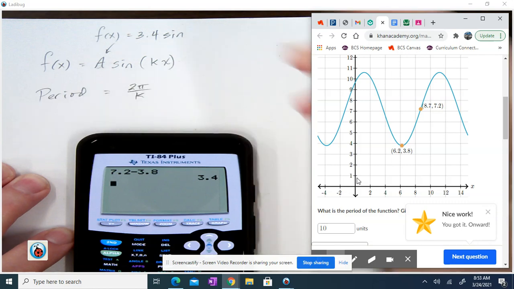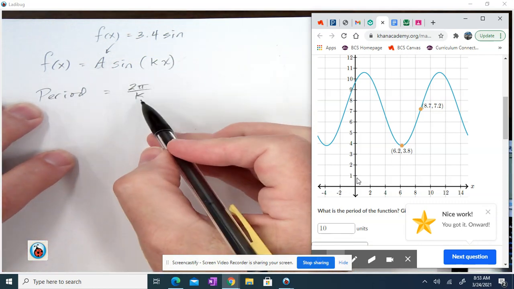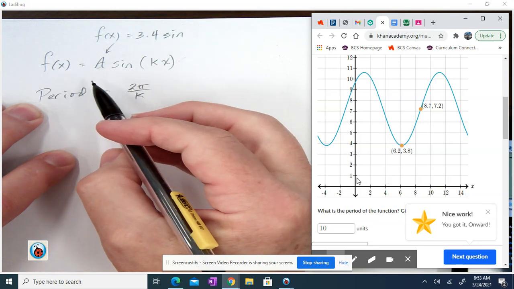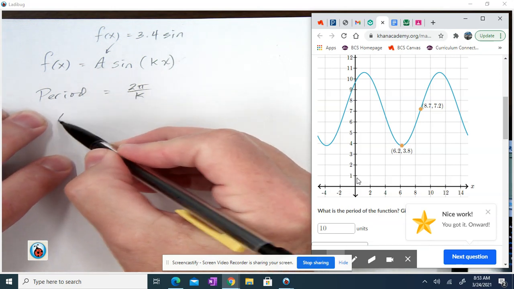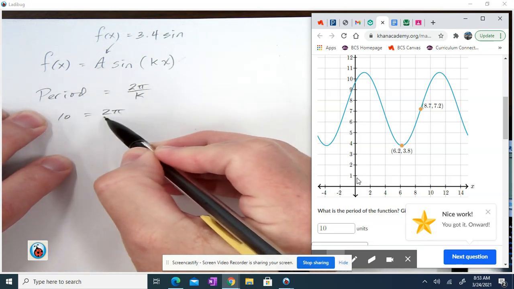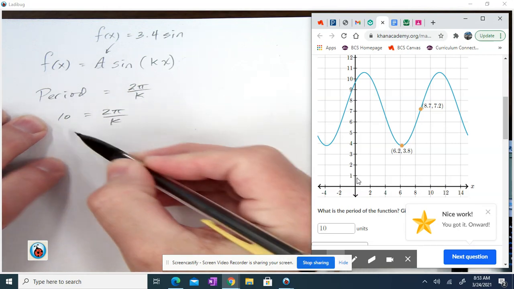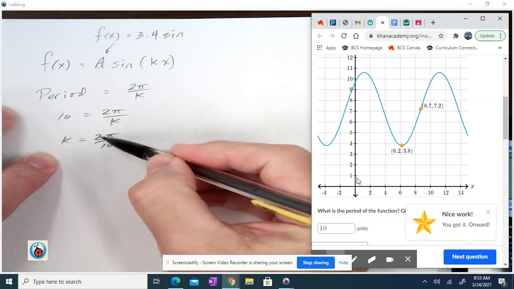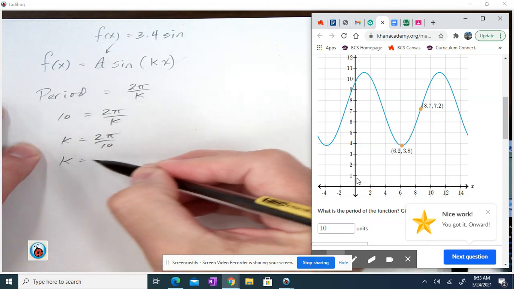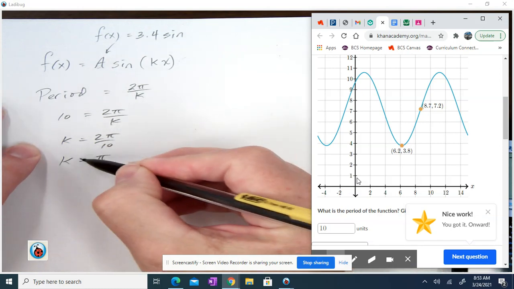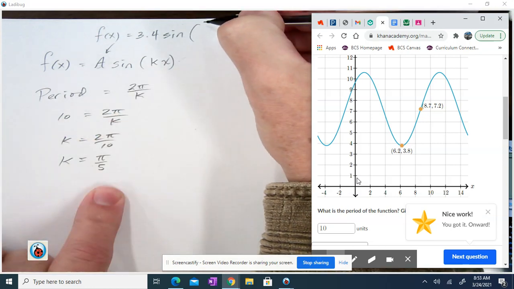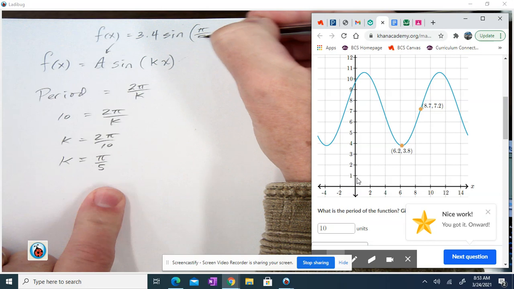And then k, I would find by replacing the period with what we just found it to be. It was 10, right? So that would be 10 equals 2 pi over k. And then you can just swap those out. So that's k equals 2 pi over 10. And we could reduce that. So k is pi over 5. So this value right here would be pi over 5.